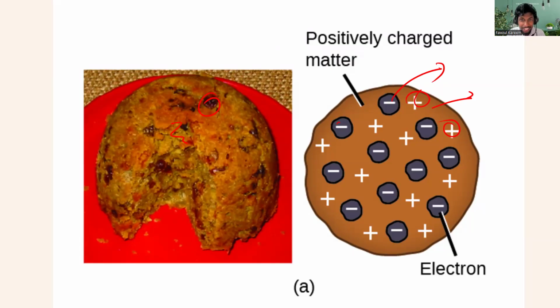He used food to explain, so it makes it easy for us to understand, right? So the positive charges are there and the negative charges are there. They mix together, so the negative charge is randomly spread over the atom.